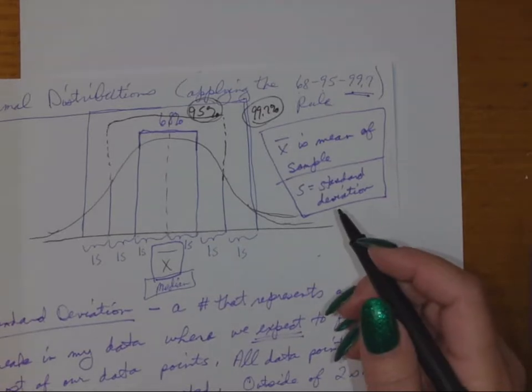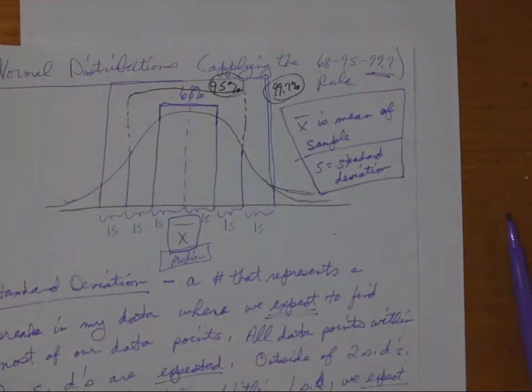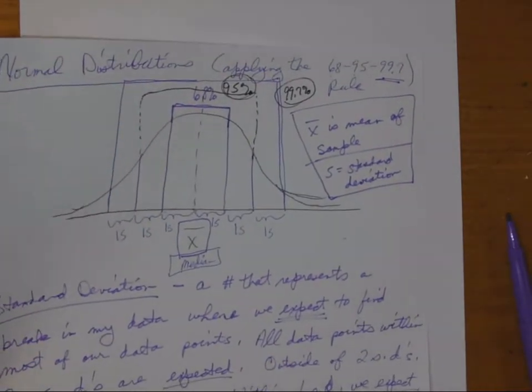Real quickly, let me get this bit in, and then we'll do a little bit of math. I don't want to confuse anything, but I want to make sure everybody's really good with these numbers.